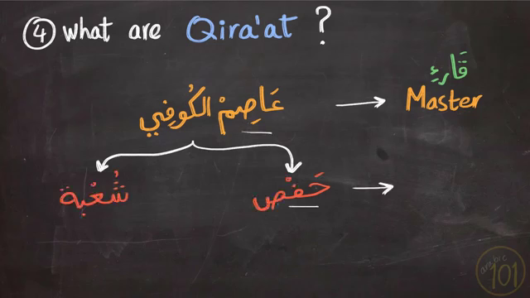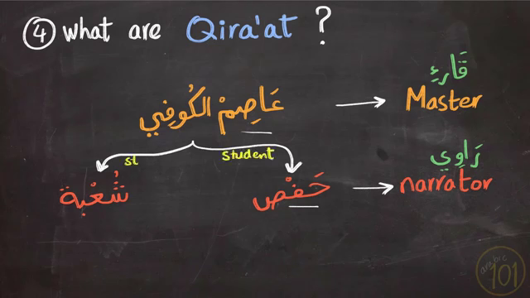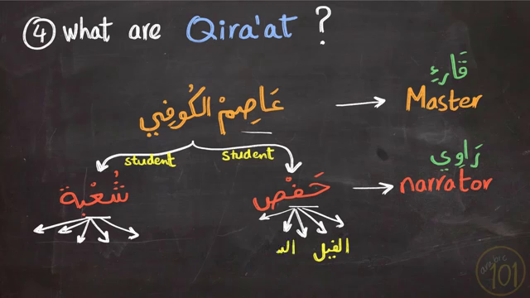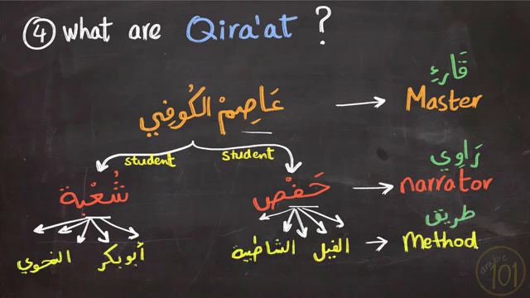And today we have the Qira'ah of Hafs an Asim, which is one of the most famous Qira'at nowadays, which means that Hafs is therefore the student of Asim, and Asim is the one who made the selections from the available variations of the Quran. Now the students of the students are called Tariq, or method. So the students of Hafs are then called Tariq.